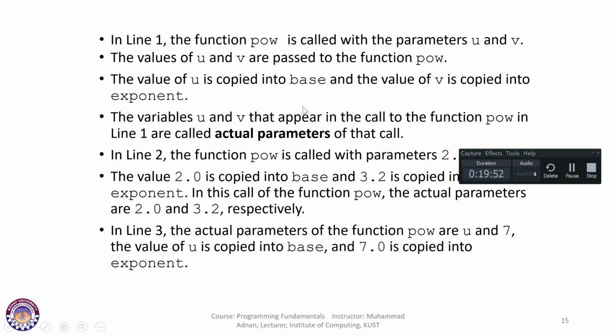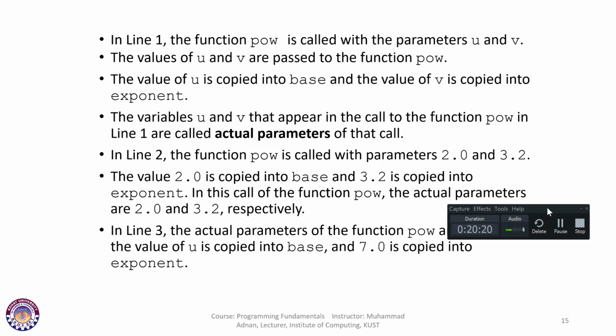So this is again the same explanation. In line number 1, the function power is called with the parameters u and v. The values of u and v are passed to the function power. The value of u is copied into the base and the value of v is copied into the exponent. The variables u and v that appear in the call to the function power in line 1 are also called the actual parameters of that call. In line number 2, the function power is called with parameters 2.0 and 3.2.